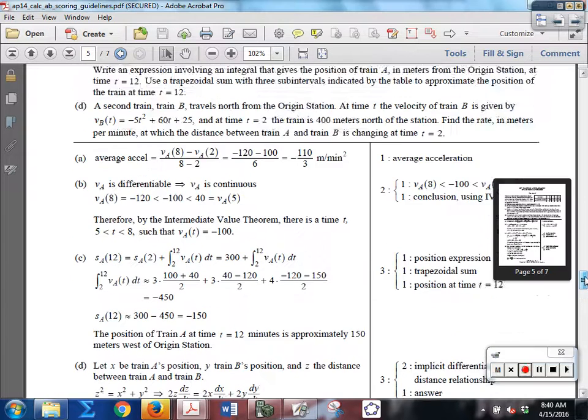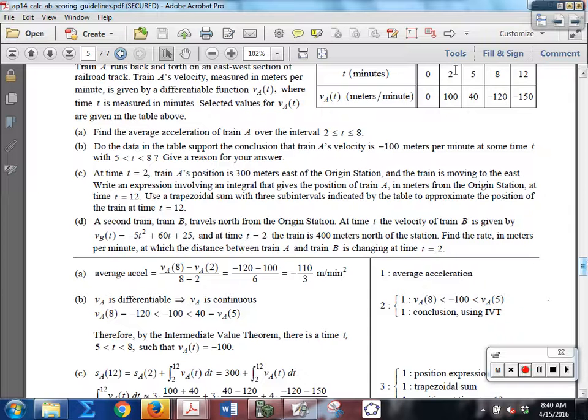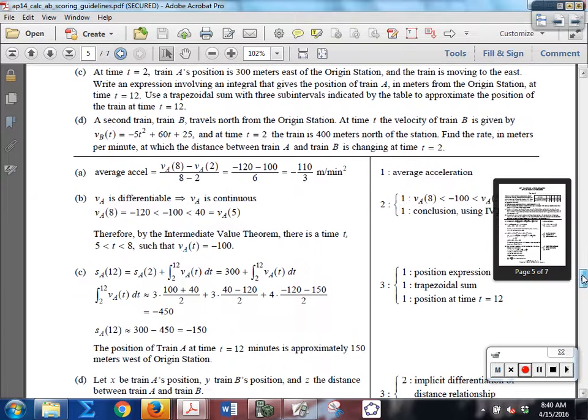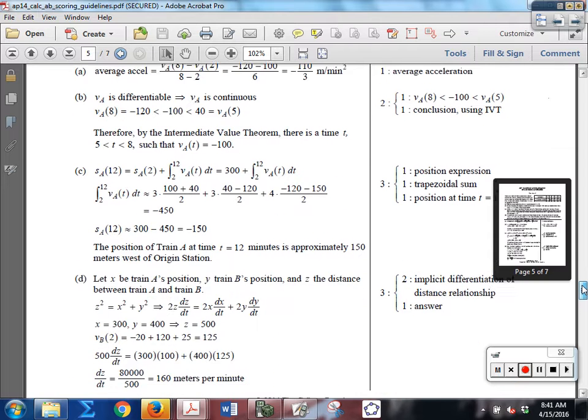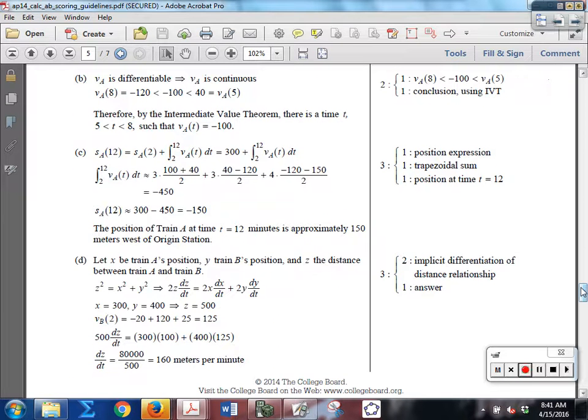So you're plugging in 125, you're plugging in 100 for the other one, and this was 500 because that was the position. Solve it, and that will tell you the rate that it's changing. So that part wasn't too bad, really. If you could draw the picture, then you were set.